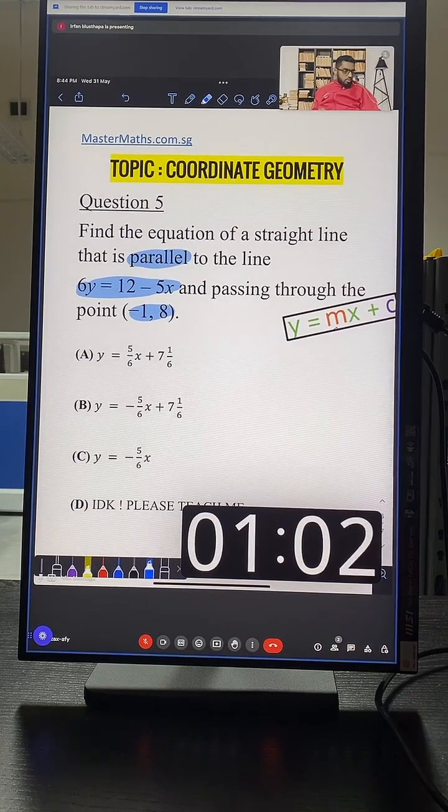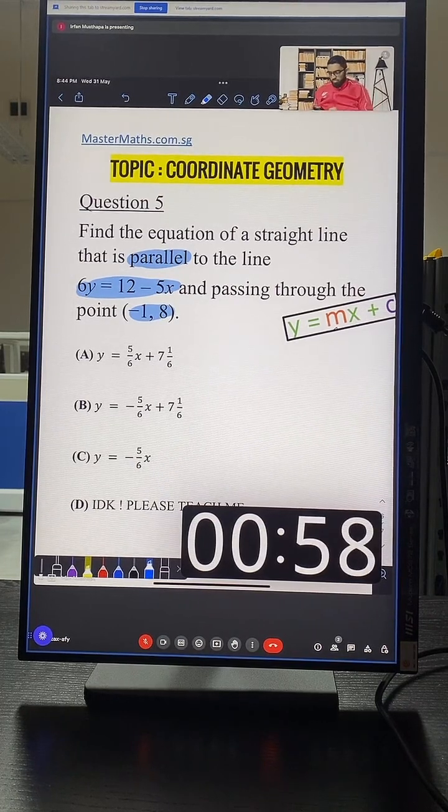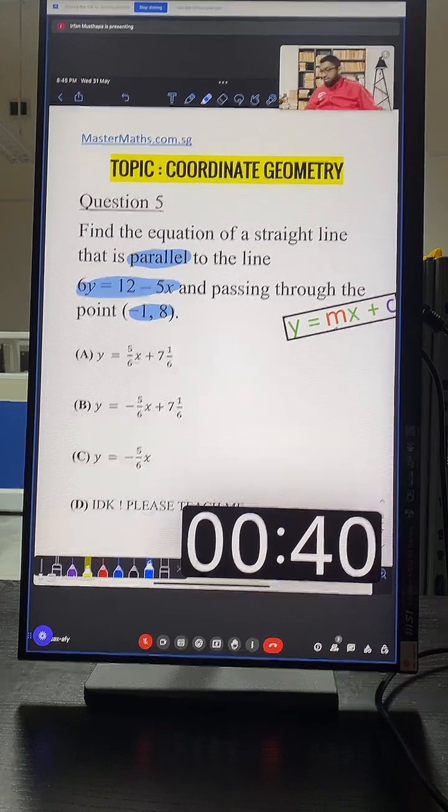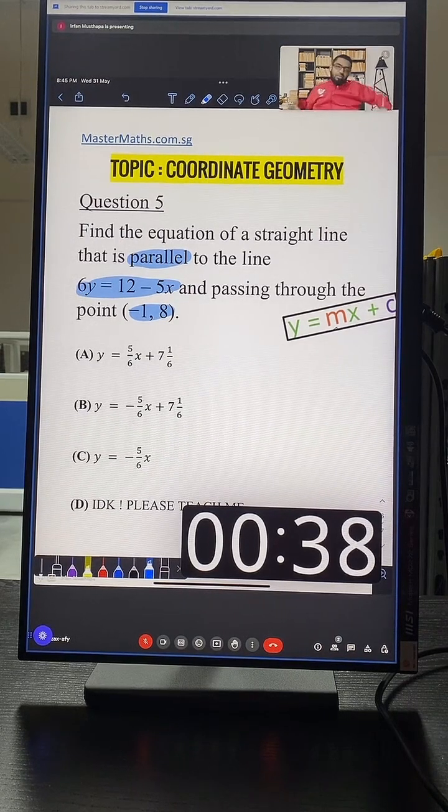You've got 1 more minute to solve this question. Let's go. 40 seconds. Okay, then we do a countdown. At 10 seconds, let's all do a countdown.